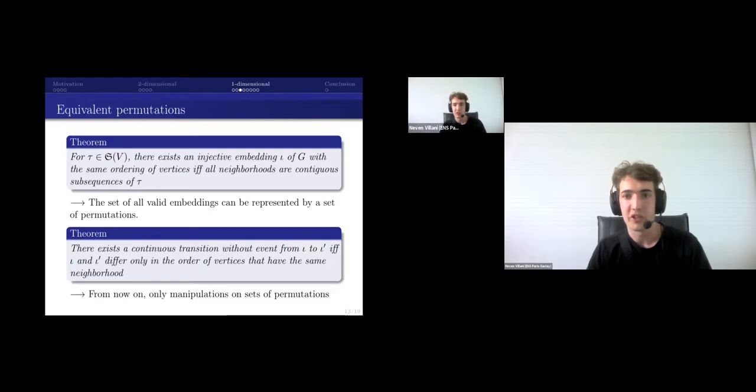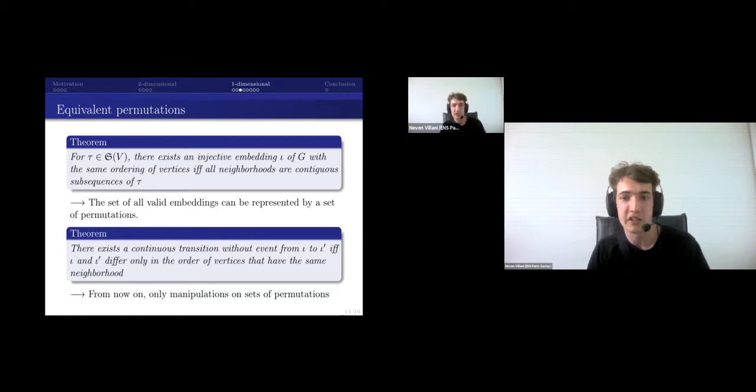These are two properties that we've been able to show, which essentially are here to allow us to put aside the physical model a bit. The first one tells us that orderings which we can find in embeds are exactly those in which all neighborhoods are contiguous. And so essentially it tells us in which ways sets of permutations can represent sets of embeddings. And the second one is that we can simulate continuous transitions by only exchanging vertices that have the same neighborhood.